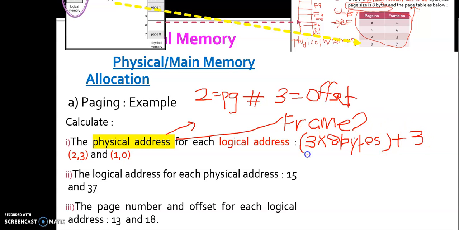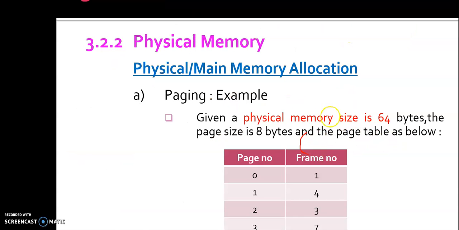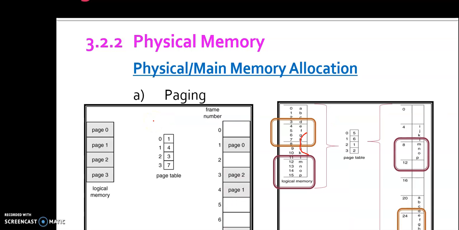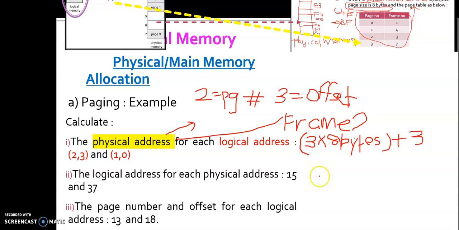So 3 multiplied by 8 equals 24, plus 3 equals 27. This is how you do it. So the physical address for logical address 2, 3 is 27.